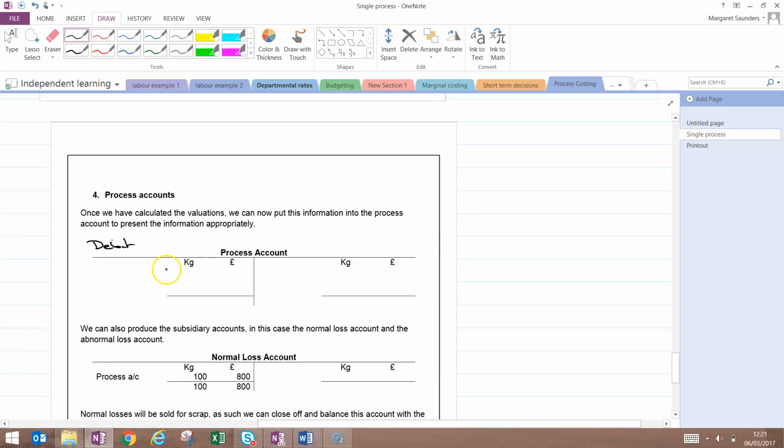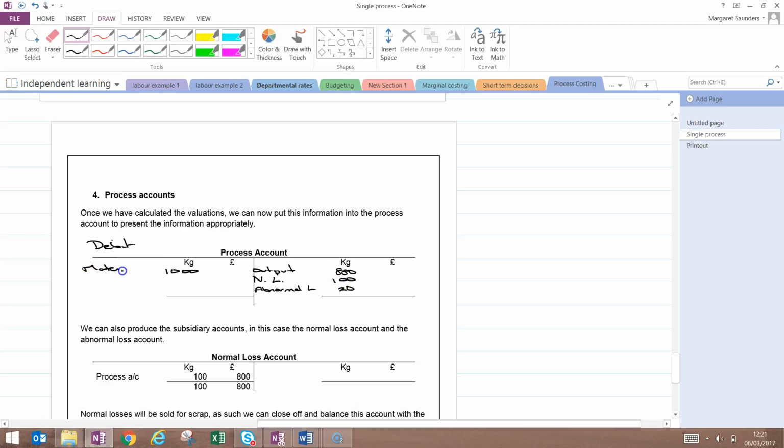So 1,000 kilos, and output 880, and normal loss, I'm just going to abbreviate to NL, 100, and abnormal loss 20.